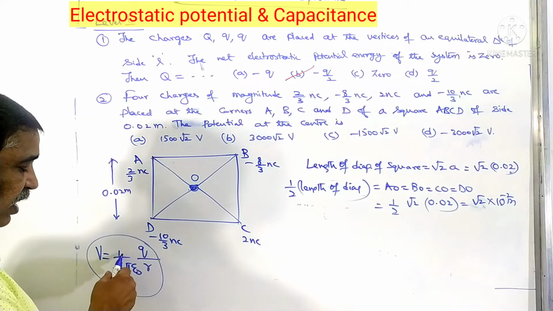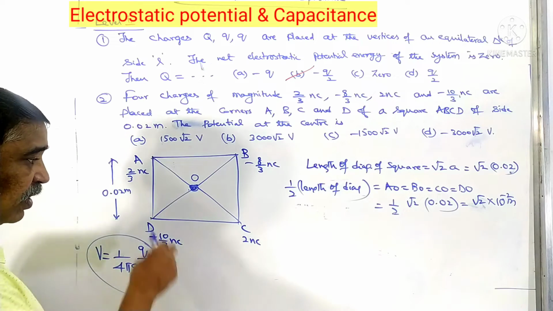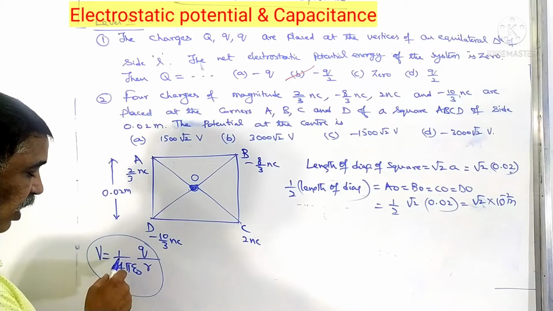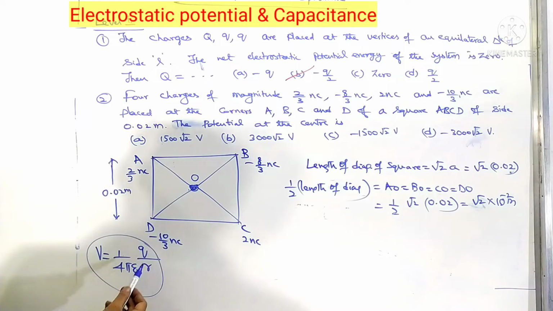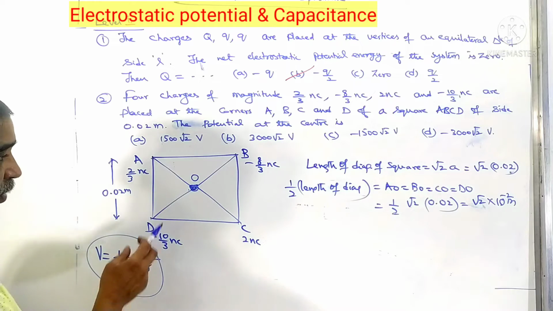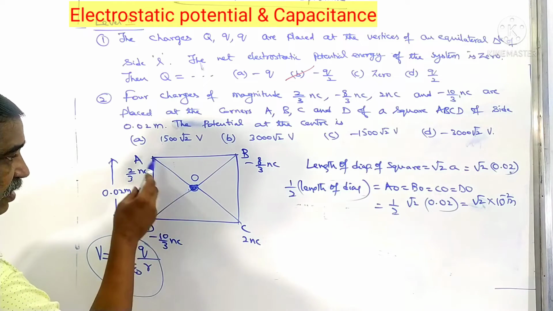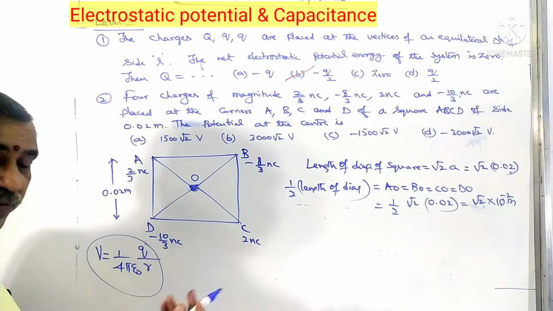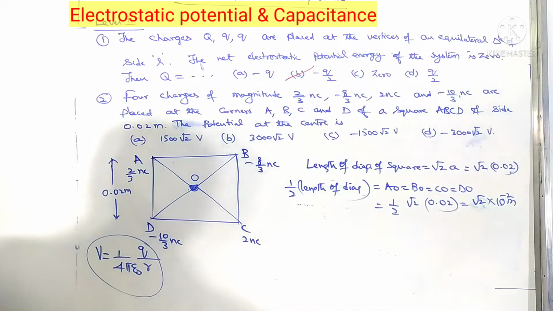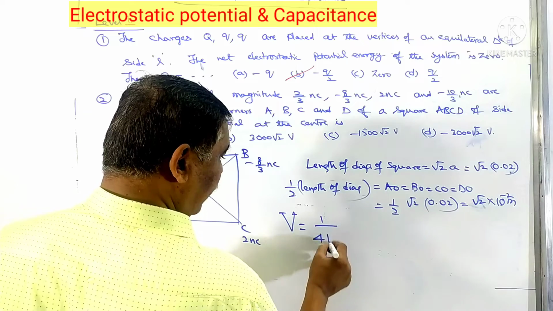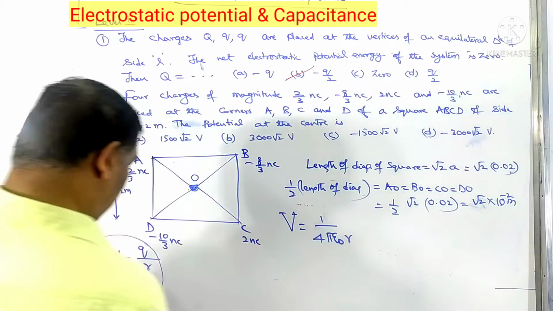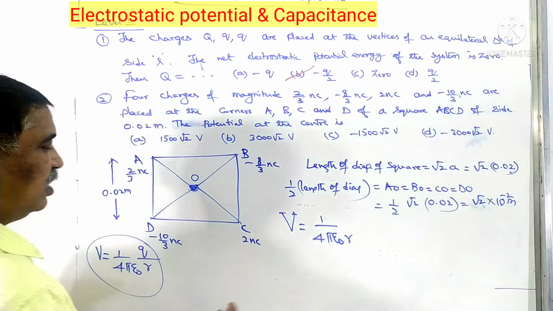So potential when you write 1 by 4 pi epsilon naught for all these 4 charges, you get 1 by 4 pi epsilon naught as a common term, put it outside, then Q by R. Even if you observe in this problem, R, the distance of these charges from the center is also the same. Only the charges are different. So therefore I write potential V is equal to 1 by 4 pi epsilon naught R. This much is common, you can take it.